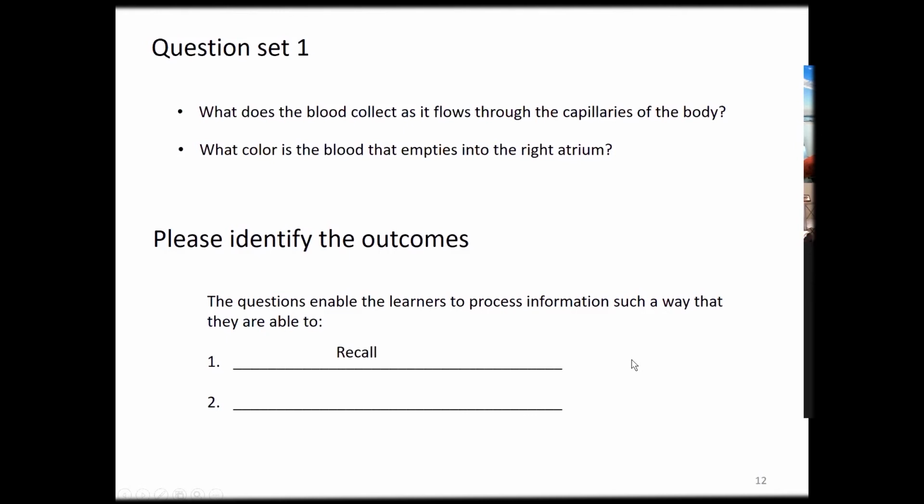And if you look at what color is the blood, it's also remember and describe, right? So these questions, if you ask as a teacher, you really want the students to remember things. If you intend to ask them to analyze things, these two questions will not work. So it is very important that the kinds of questions you ask will help the students learn.